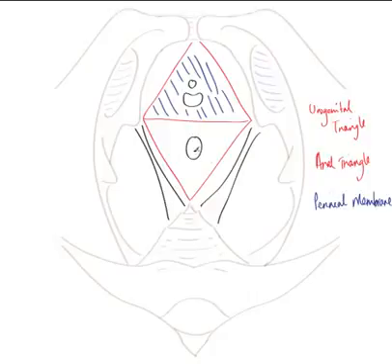So in order to appreciate the perineal pouches, we need to be familiar with the location of the perineal membrane in a coronal section. Because lying superior to the perineal membrane is the deep perineal pouch, and lying inferior to the perineal membrane is the superficial perineal pouch. So what we need to do is look at the perineum in a coronal section, and to do that we're going to make our coronal slice through the urethra.